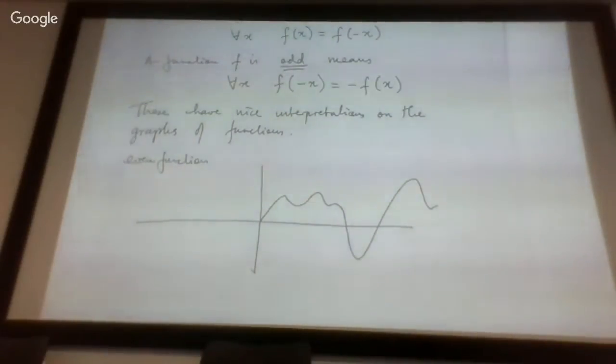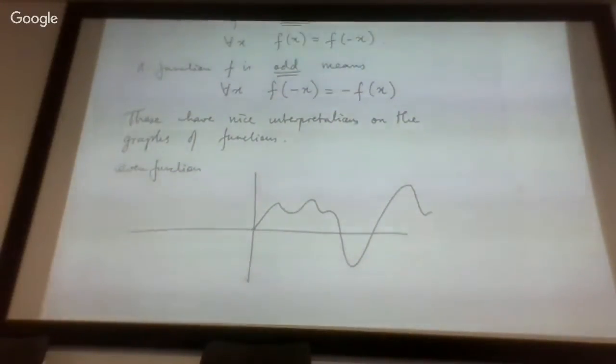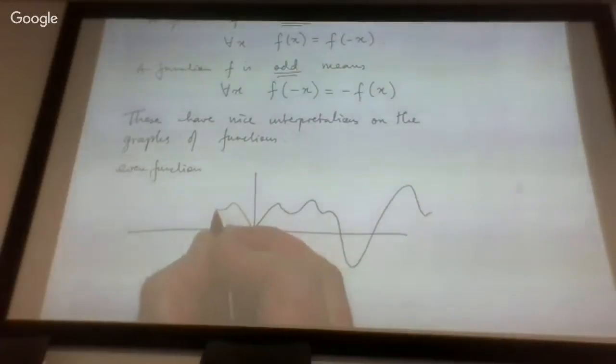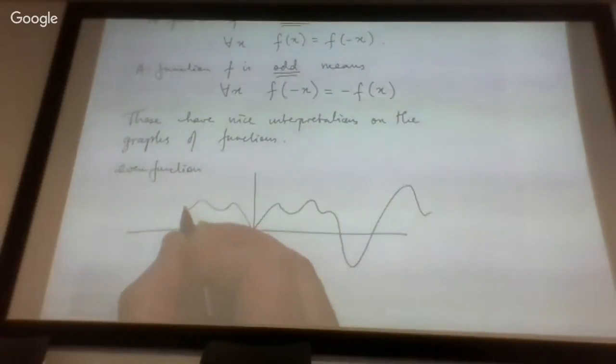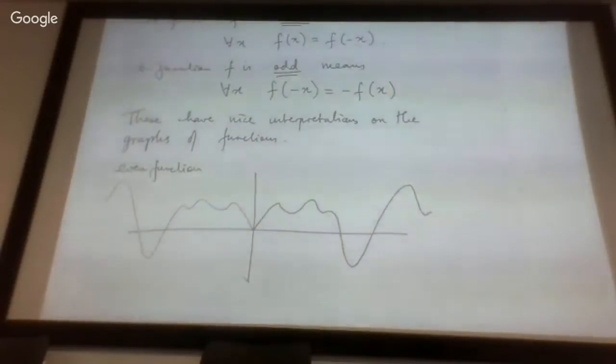But if this function is even, it has to have exactly the same behavior on the negative arguments. So the graph on the negative side, I'll do this in a different color, has to be the exact mirror image. I'll attempt to draw that here. Exact mirror image of what we see on the positive side. Yeah, that's a pretty good drawing.